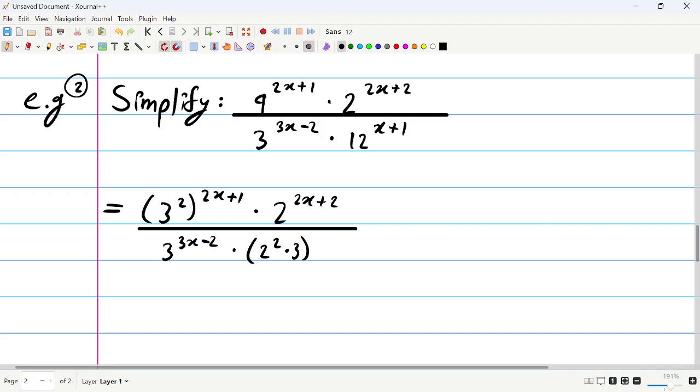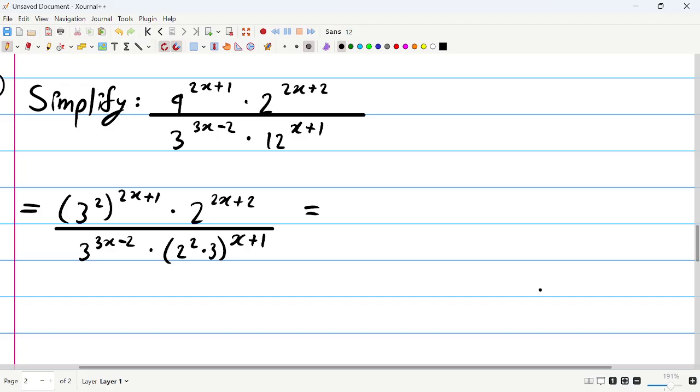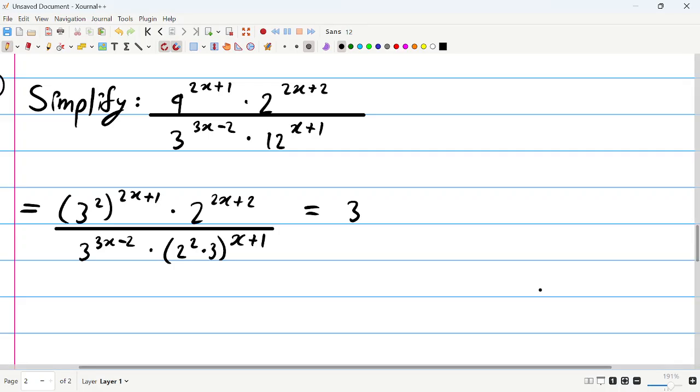You'll probably see it on your calculator. So x plus 1. Alright, cool. And then from here, we just say equals, and then from here, we can now use the multiplication law for this first one here. So it's just going to be 3 raised to the power of 2.